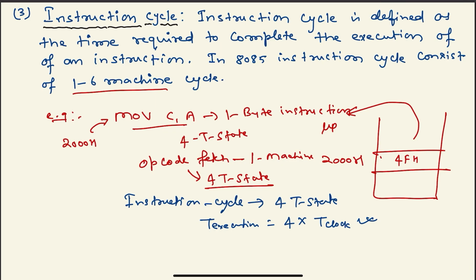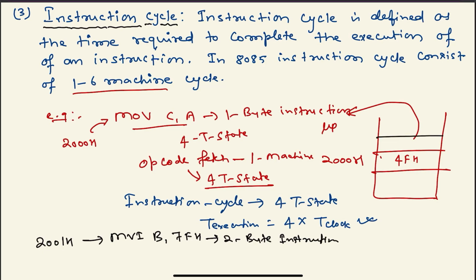Like that, we'll take another example, that is MVI B, 7FH, stored somewhere at 2001H, and this is a 2 byte instruction. For example, at location 2001H, it has the opcode for this instruction.